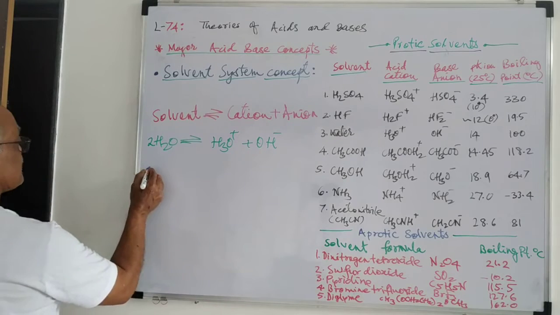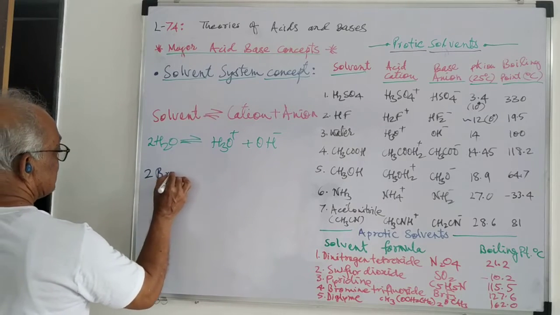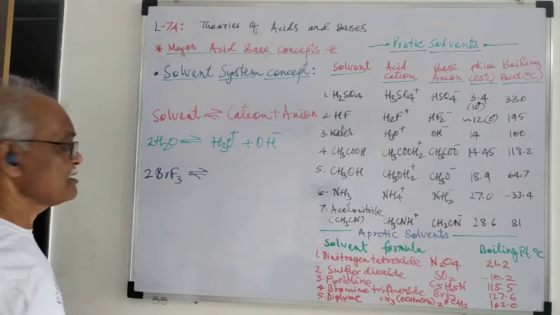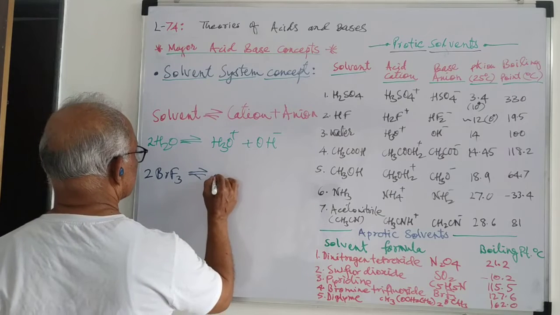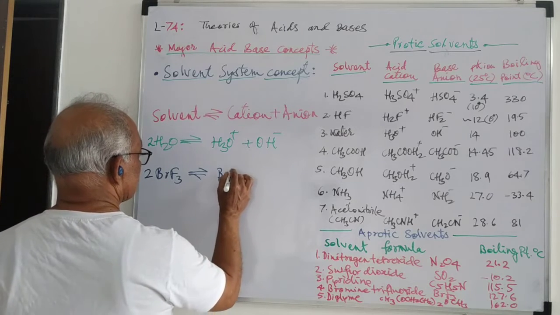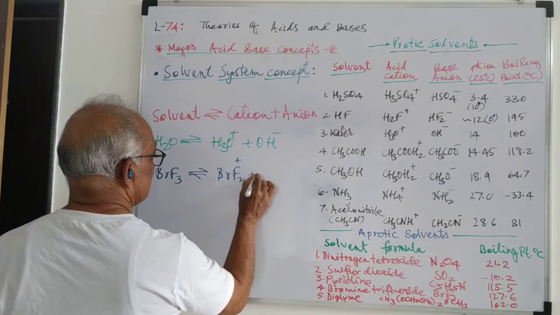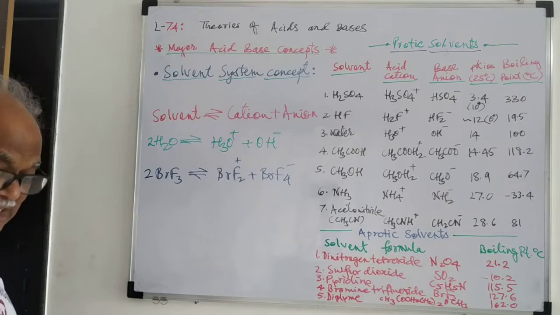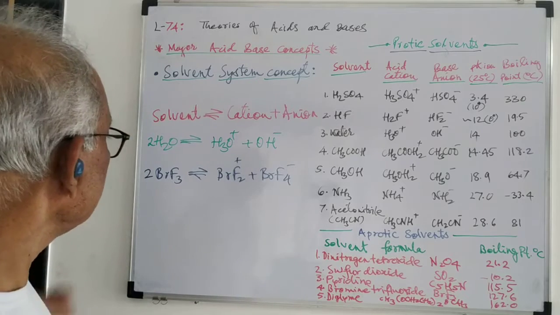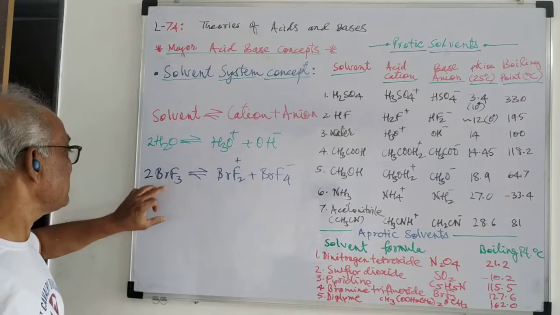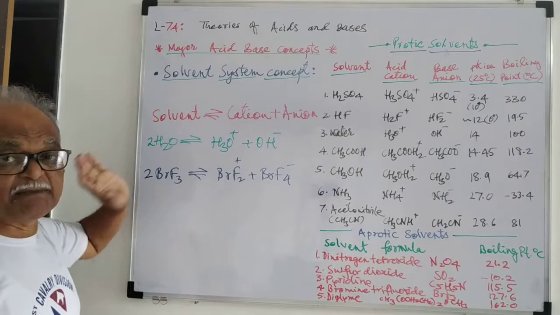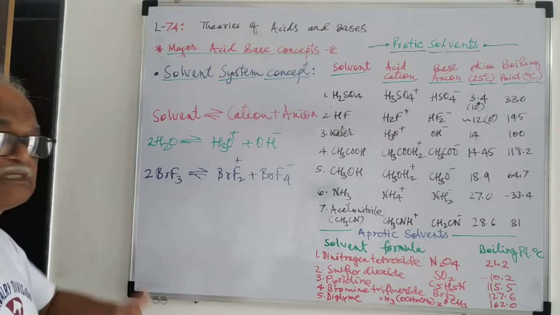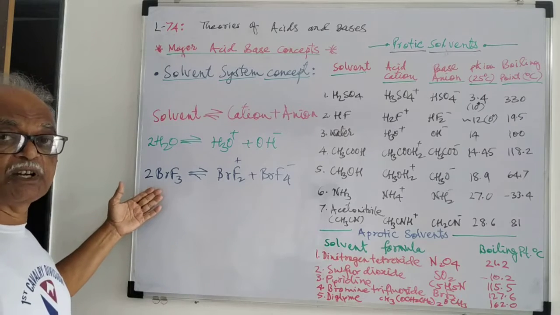Another example is BrF3. This also undergoes self-ionization, or auto-ionization, and produces BrF2 plus and BrF4 minus. Here two molecules of BrF3 will undergo self-ionization, so we require 2 moles.